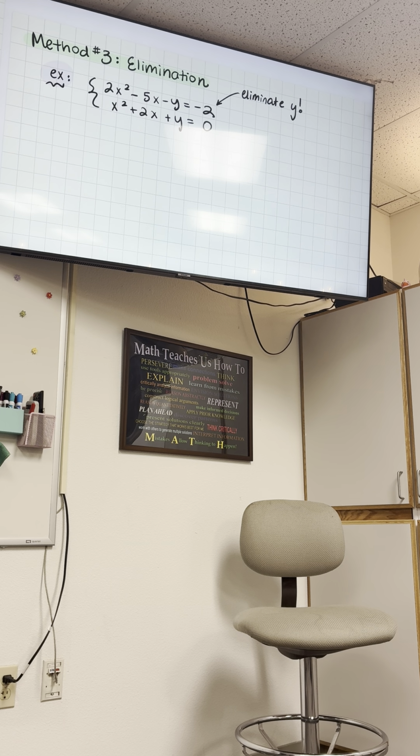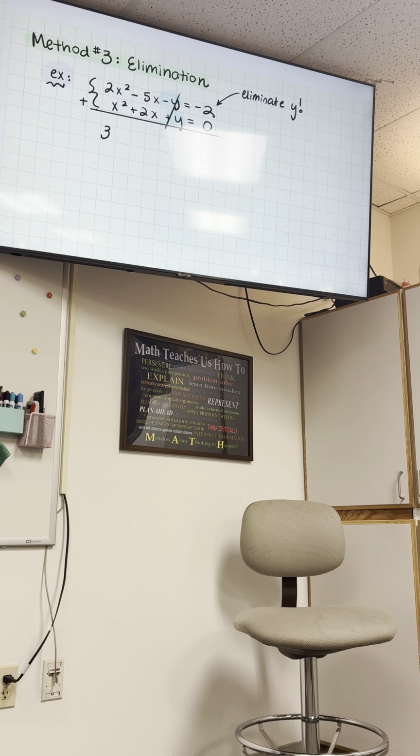And what Ben was noticing is that this is actually already set up for us because our y's have opposite coefficients in this problem. So if I were to go ahead and add these two equations together, what's going to happen is that the y's cancel. Now the reason we add them instead of subtract is because the sum of opposites is always 0.